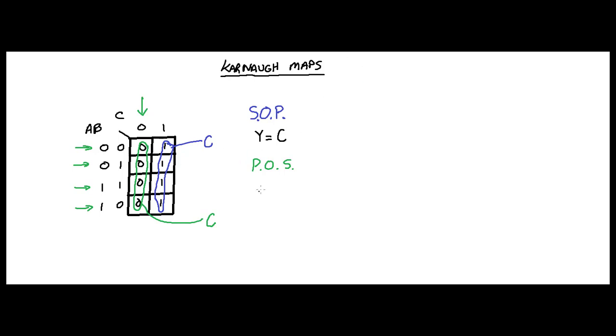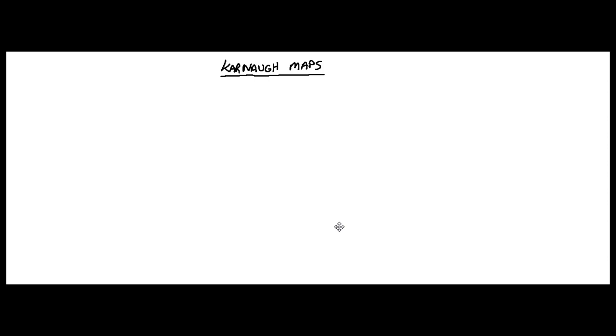So using the POS method, Y equals C. You see they both agree? They should both agree, right? I mean, that's a very basic problem there, but you can see visually how they would work, right? All right, everyone, I'll be right back with another example.